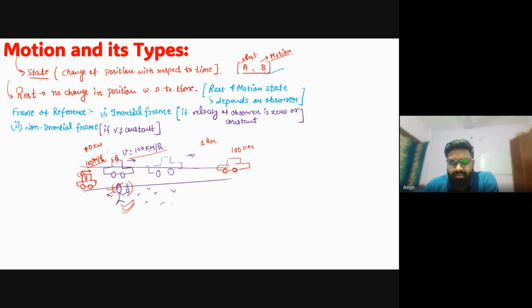It changed, right? Because you are at rest with respect to your car, because you are not moving anywhere. You are sitting on the driving side or conductor side. You are there for the total journey. So you are at rest with respect to your car.